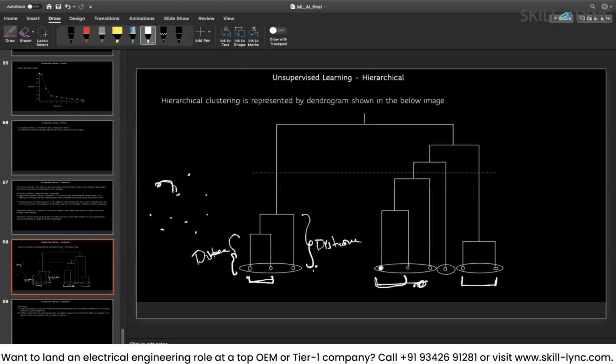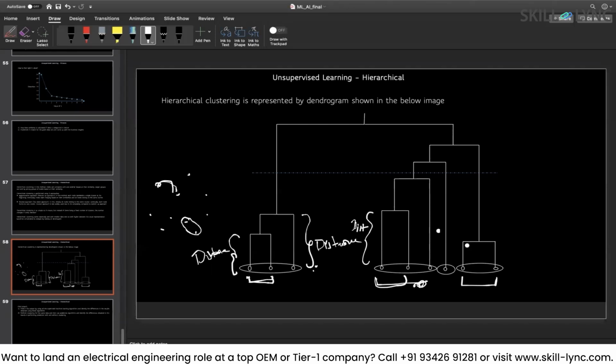Similarly, here in the space, these 2 points are very near to each other, and then this is the distance between them. And then there will be a third point which will be slightly far away from these 2 points, and that would also be forming a cluster here like this.